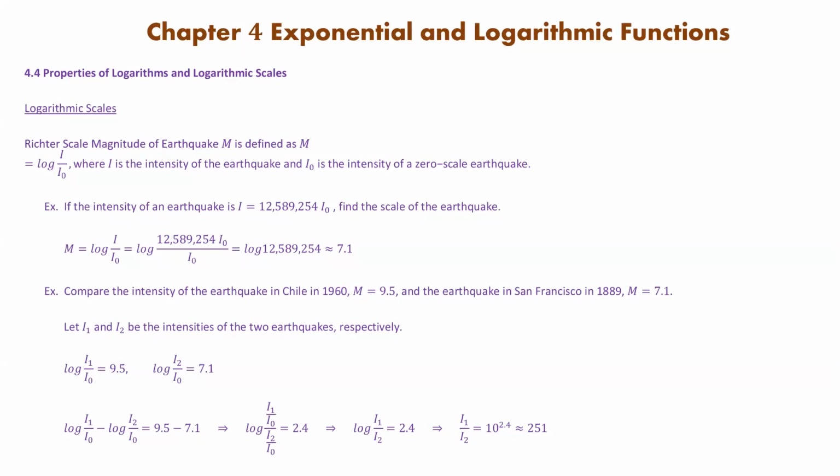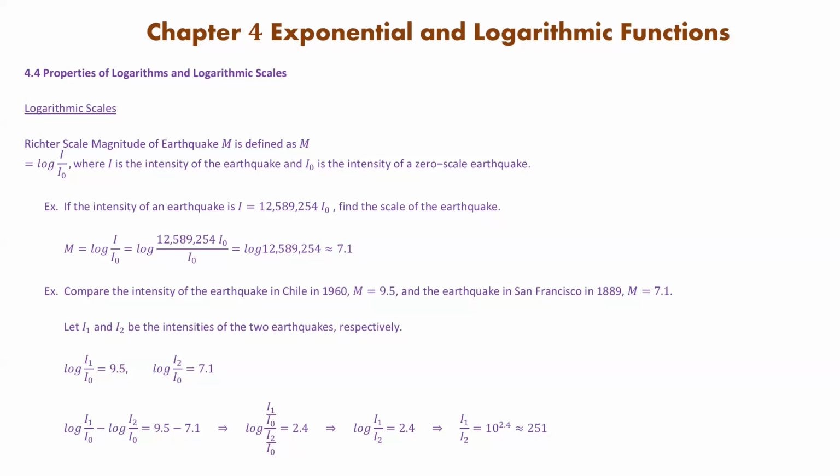Okay, so like when you hear something saying the earthquake magnitude or level is 5.7, how does the number 5.7 come about?